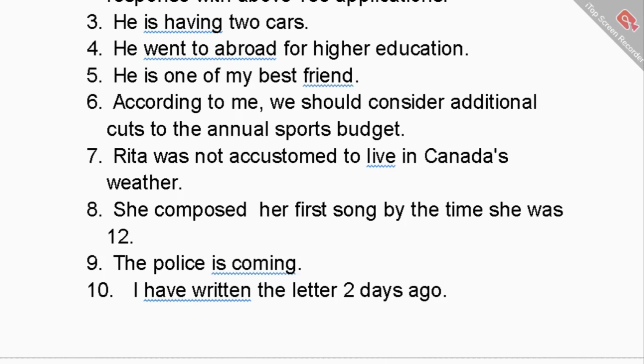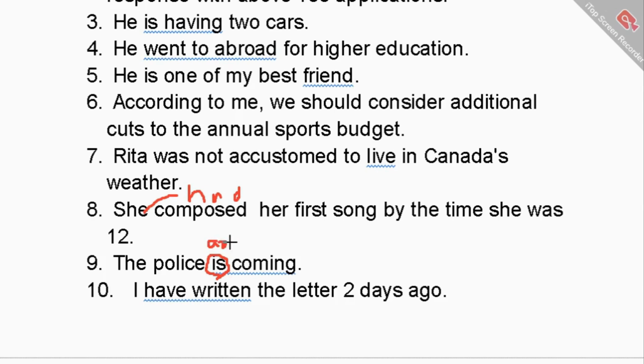Now, here the error is that because the action was completed in the past, we should use past perfect. So here we just need to add had: had composed her first song by the time she was 12. Now, next one: the police is coming. Now, instead of this, the police is coming, it should be the police are coming. Remove this is and add are here.